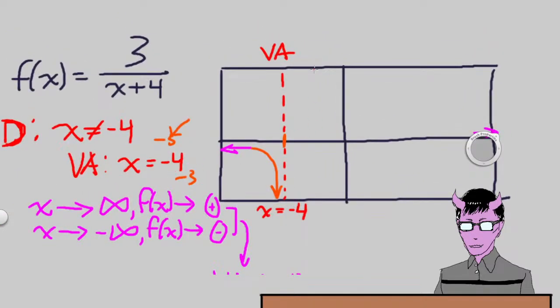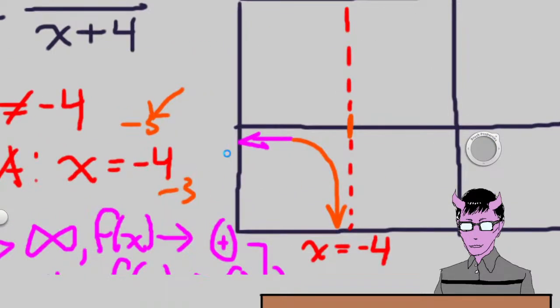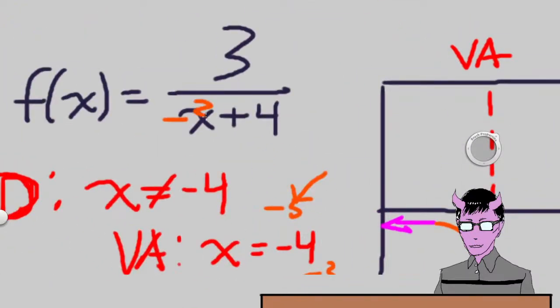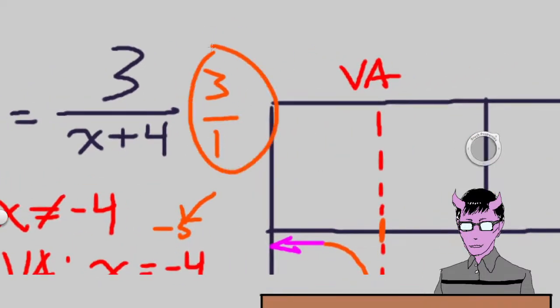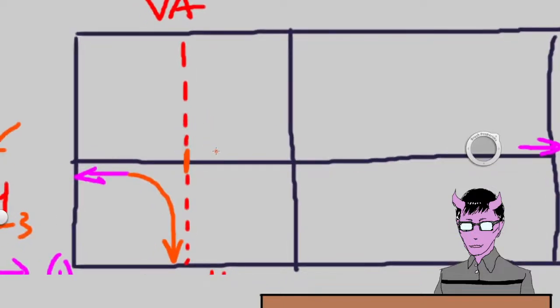What's happening on this side to connect to this end behavior? Plug in negative 3. Then negative 3 plus 4 is, not coincidentally, positive 1. So 3 divided by positive 1 gives us positive 3. So if we plug in negative 3, we get positive 3.